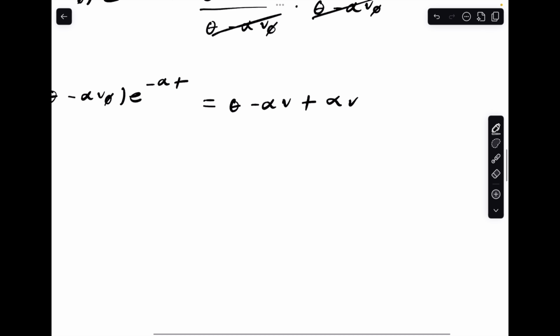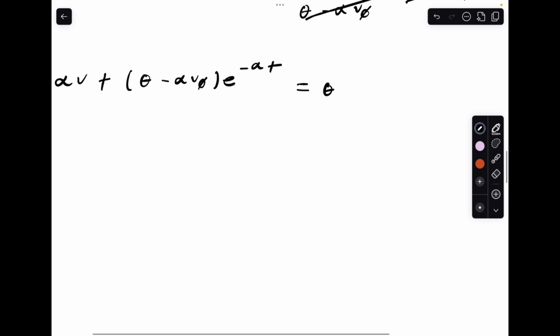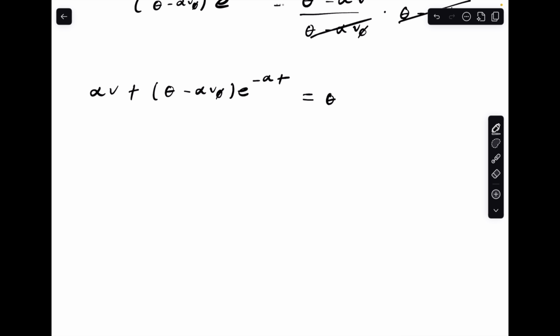And so this will just cancel, and now I get alpha v is equal to theta. So I'm just going to subtract this whole thing so I can get alpha v by itself. So now alpha v equals theta minus theta minus alpha v naught, times e to the negative alpha t.